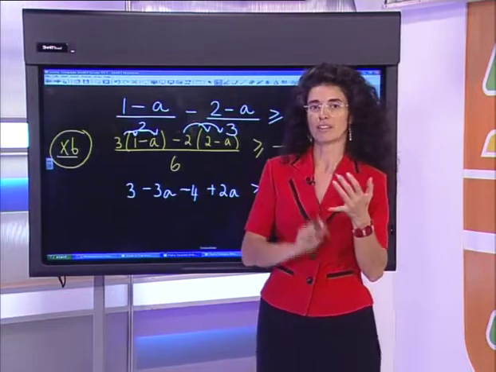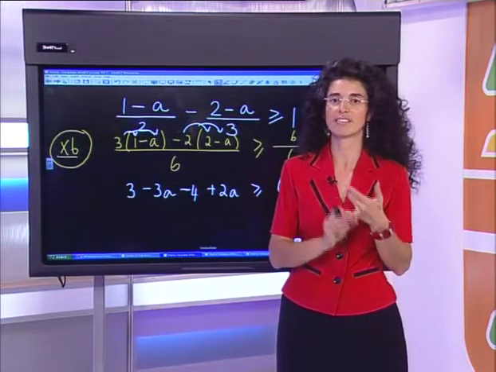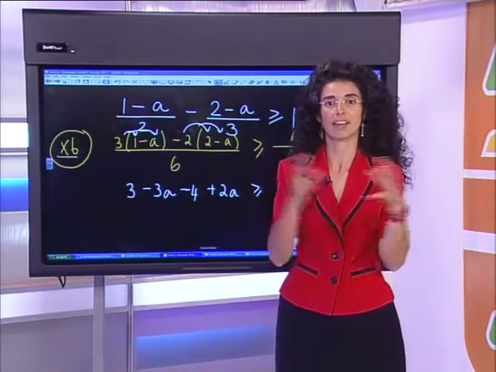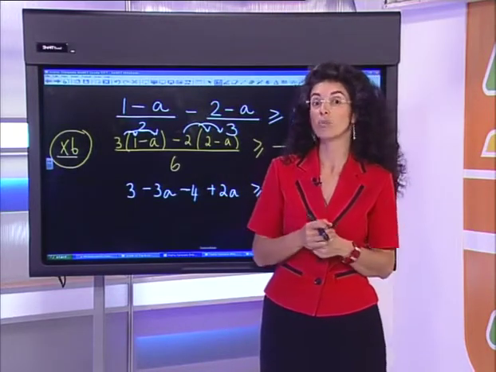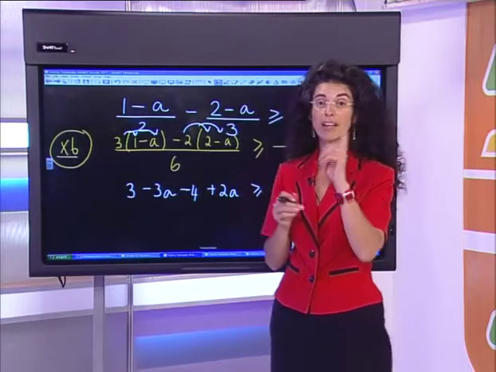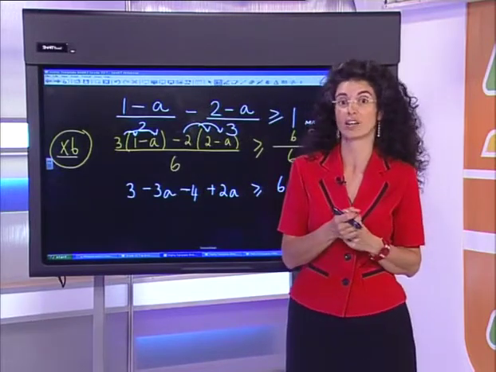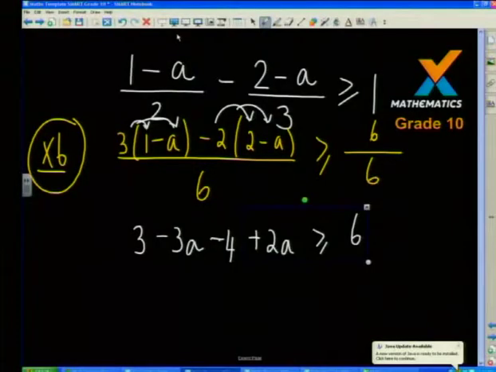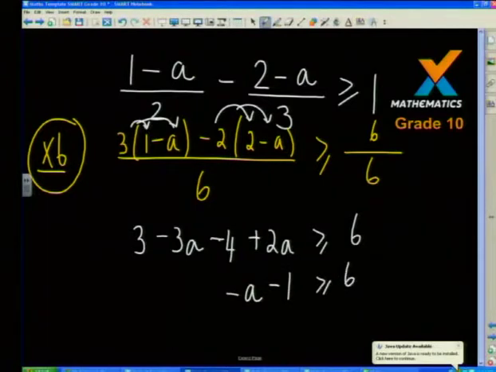So the common denominator has been sorted, the equivalent numerators have been dealt with, so now all that rests is for us to collect the A terms and the constants and see what that coefficient is doing, because remember, if that coefficient is negative, something is going to happen. So we have a -3A and a 2A, which is a -A, and we've got a 3 minus a 4, which is a -1, is greater than or equal to 6.